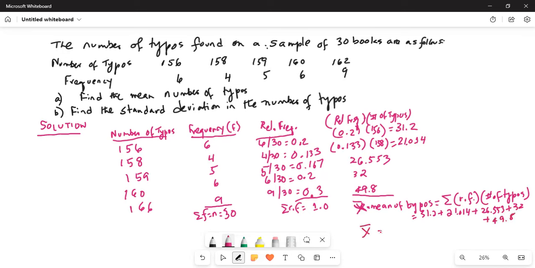So x bar is equal to, I add up all those numbers, 31.2 plus 21.014 plus 26.553 plus 32 plus 49.8, and that is equal to 160.567.